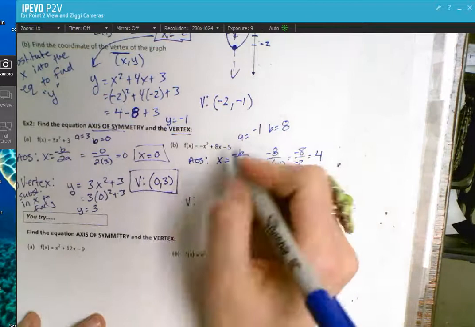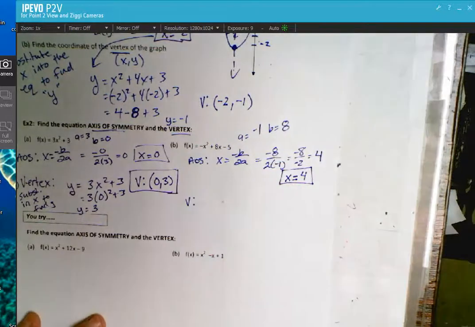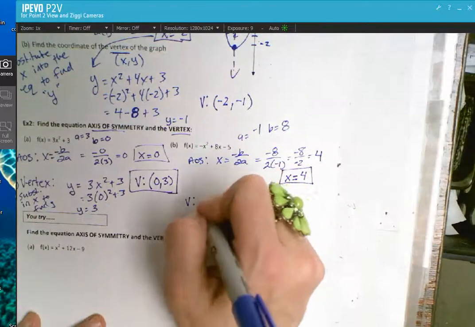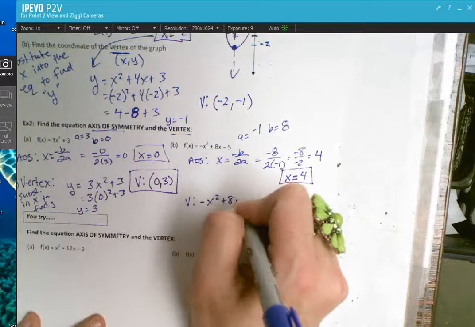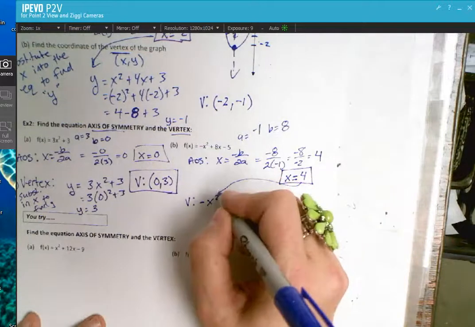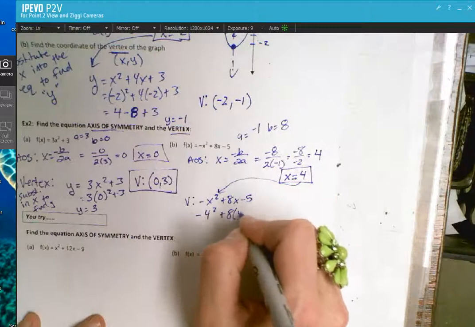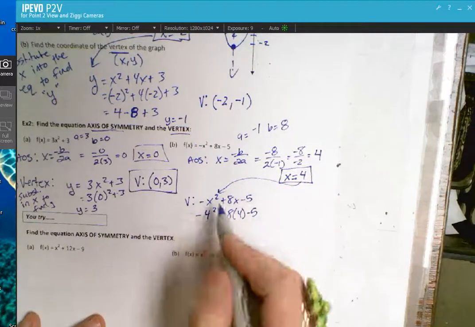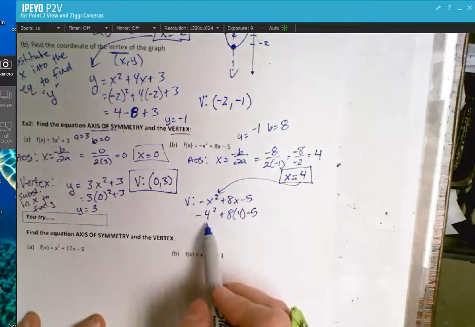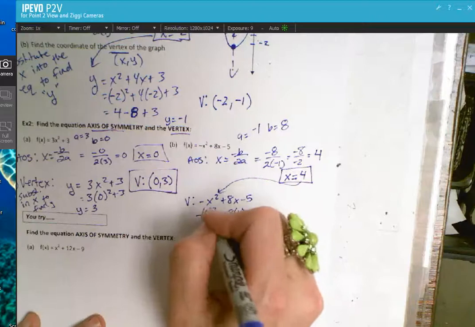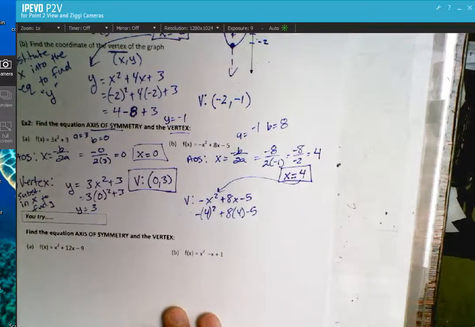Then I want to find my vertex. My vertex means I need to substitute in my x. So I'm going to take negative x squared plus 8x minus 5 and substitute in 4 for x. Negative 4 squared plus 8 times 4 minus 5. Now remember, your negative is not in parentheses here, so the negative is going to come down with it.